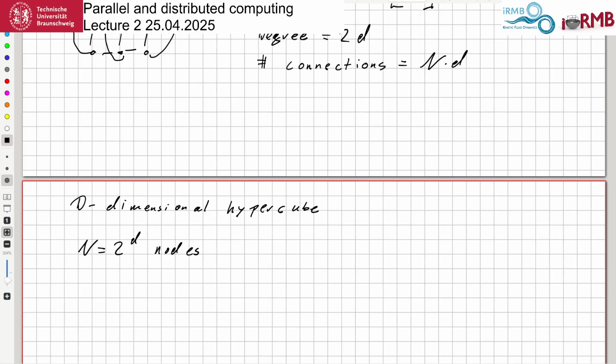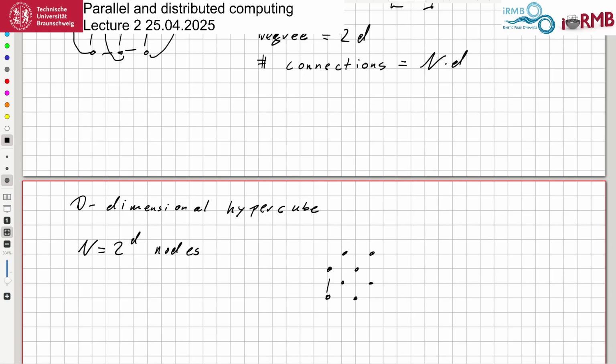You see, this is not very flexible concerning the number of participants, so they have to be a power of 2. In 3 dimensions we can actually draw the hypercube, because a hypercube in 3 dimensions is a cube.